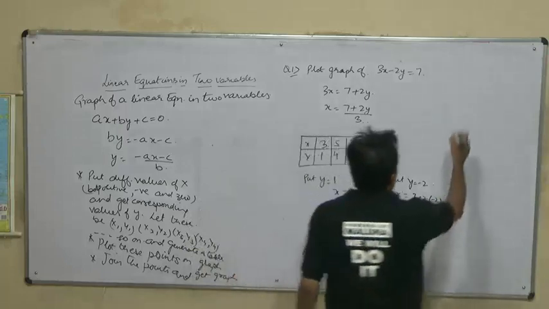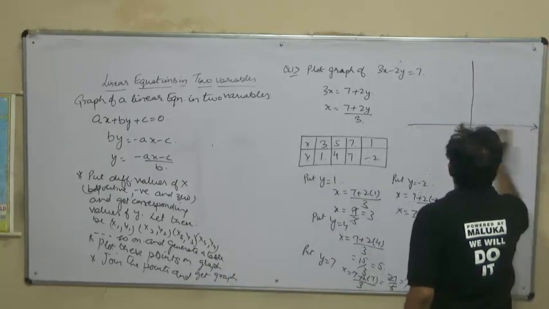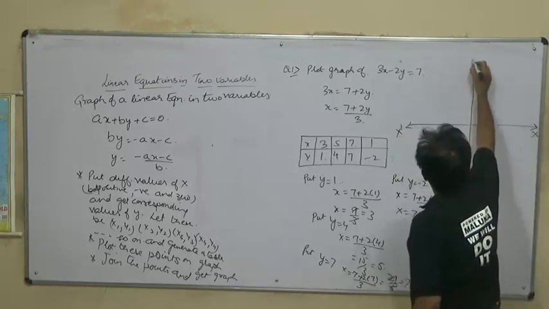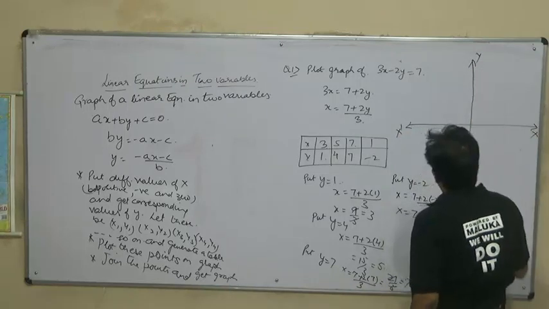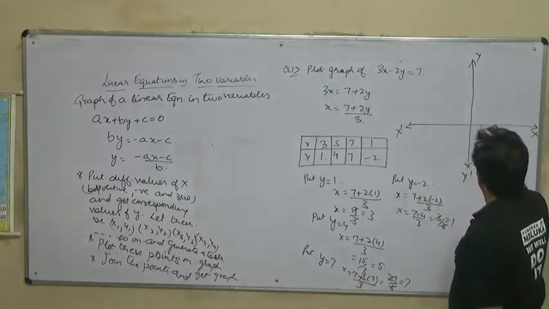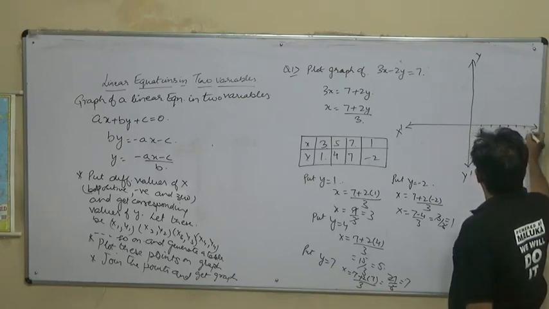Now we can generate a line. So for this we will draw an x-axis and y-axis. Now as we see, these are values 1, 2, 3, 4, 5, 6, 7.